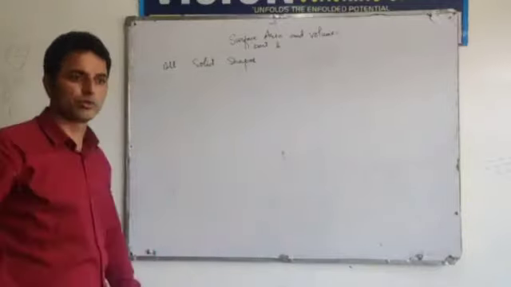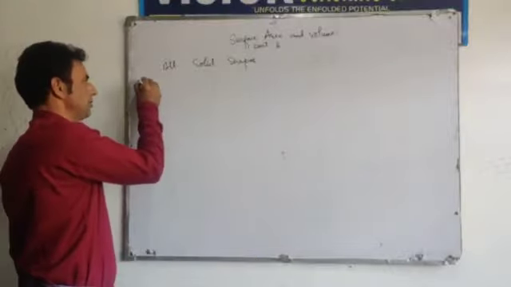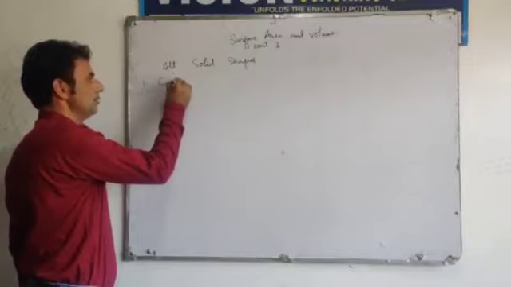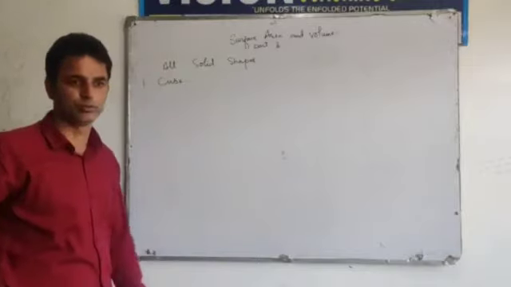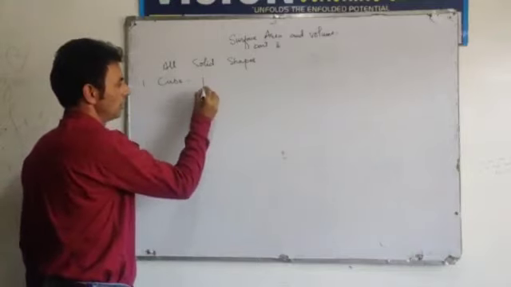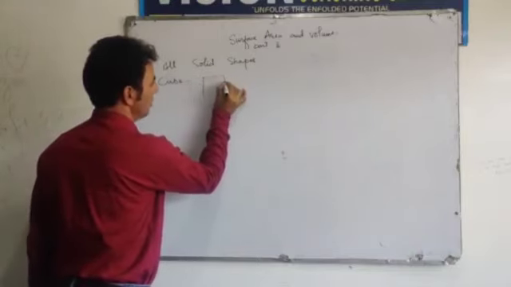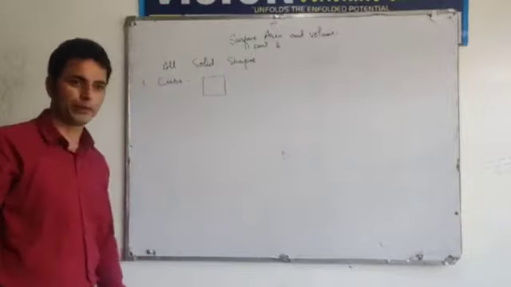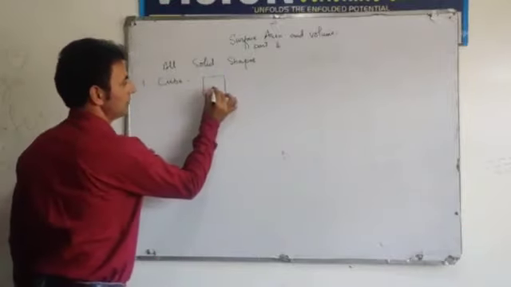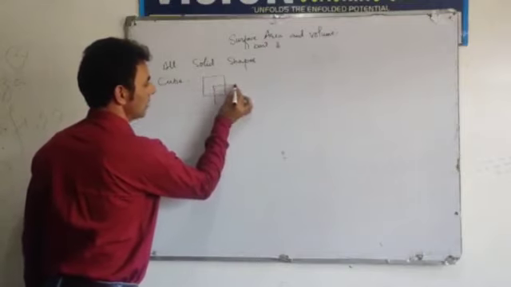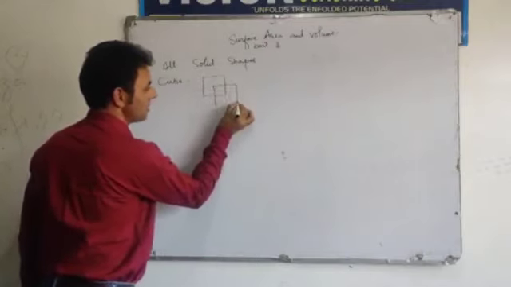So my dear students, let me start from the first solid shape, which is cube. First of all, I will show you how to draw the cube. You have to draw a square. From the center of the square, you have to draw one more square of the same size.